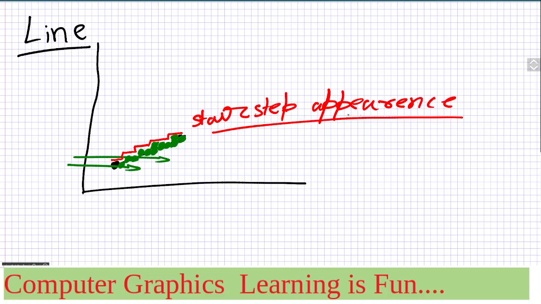This is visible in raster graphics line drawing algorithms. Okay, you can also call them jaggies.